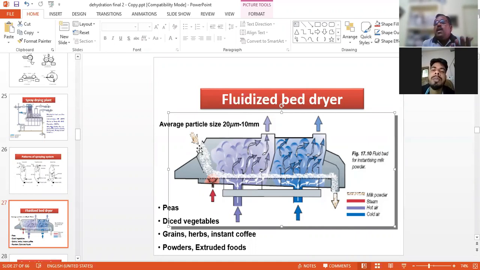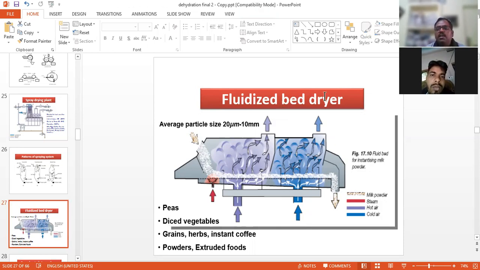There is a space where the grains vibrate, and after some time the moisture becomes less than 15%. So they are dried, collected, and packed in small pouches, and those small pouches are kept in the kheer mix powder. That is how the fluidized bed dryer is used in the dairy industry.